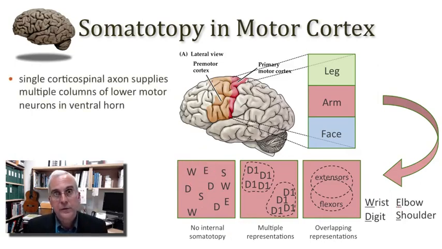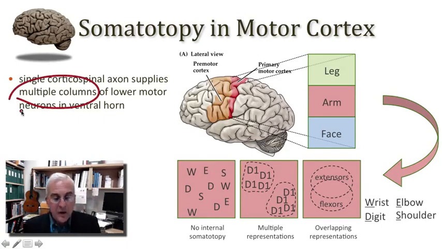If one were to trace, for example, the distribution of a single axon in the corticospinal tract, what you might find is that that axon terminates in multiple columns of lower motor neurons in the ventral horn. That might be consistent with a single location in the motor cortex being concerned with multiple kinds of movements.